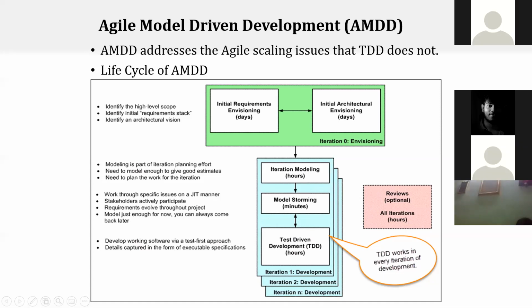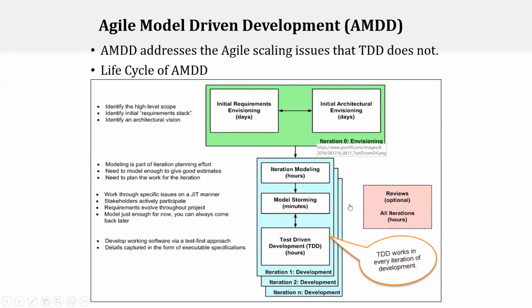So this is called AMDD. See the diagram: identify the high scope requirement stack. If you need a requirement, you need an architecture. Designing an architecture, when compared to the SDLC, is called the design phase. You plan the iterations, again iterative in nature.